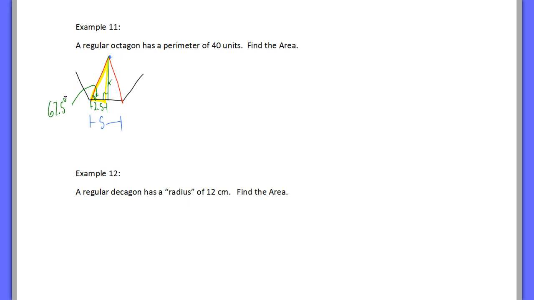Now working with that yellow right triangle, we're going to use trig and say then that the tangent of 67.5 is equal to opposite over adjacent. Multiply both sides by 2.5. So then the value of x, the height of that one little triangle, or the apothem of the entire octagon, is equal to this.